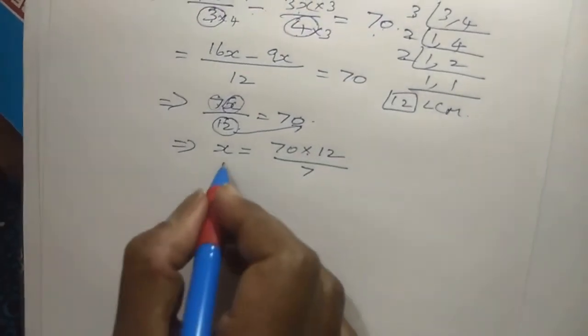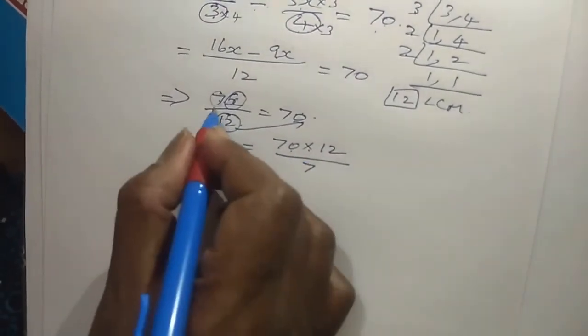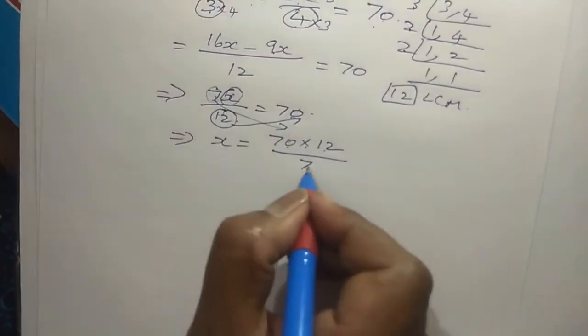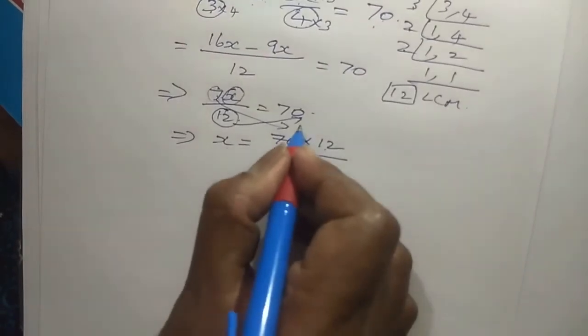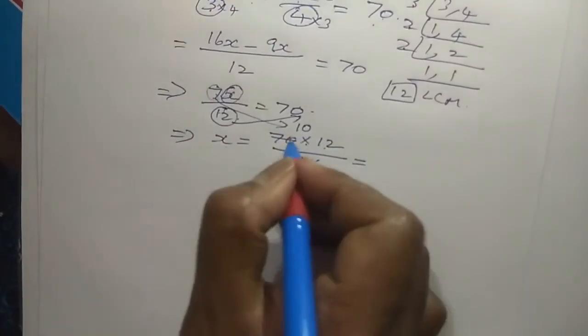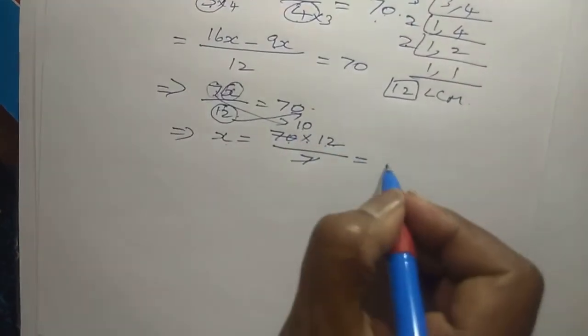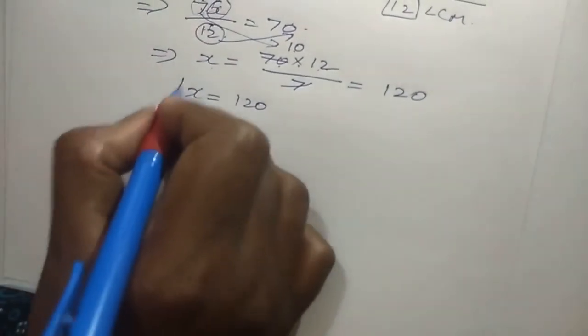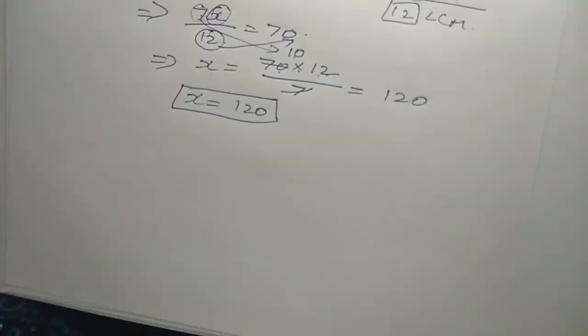Right? So x is equal to 70 into 12 by 7. Here you can cancel 7, 10 times. So the answer is 12 into 10 is equal to 120. So the x value will be equal to 120. So the answer is also here is 120.